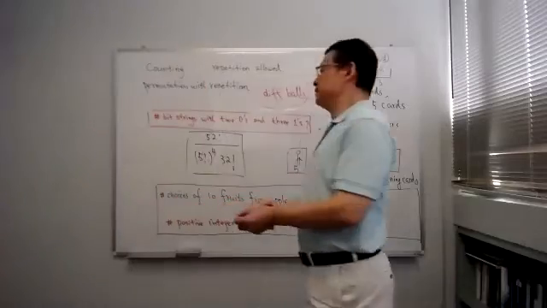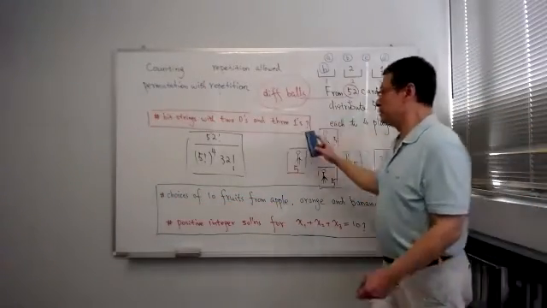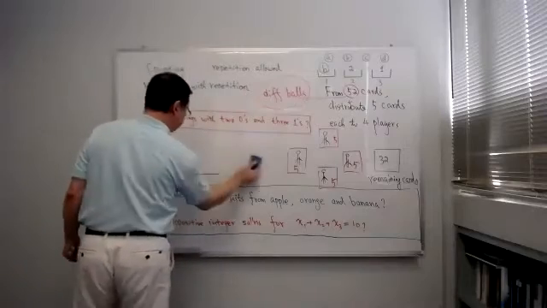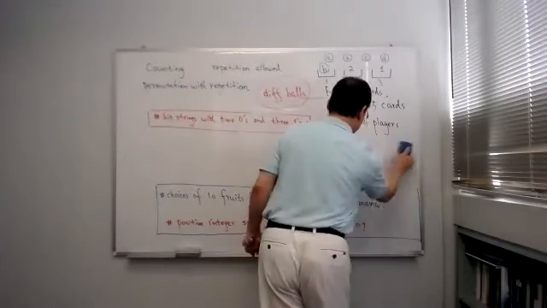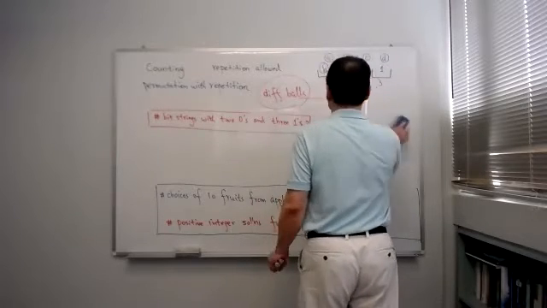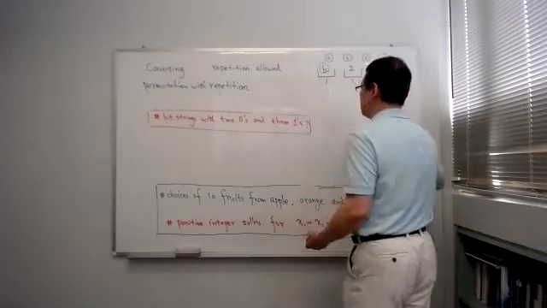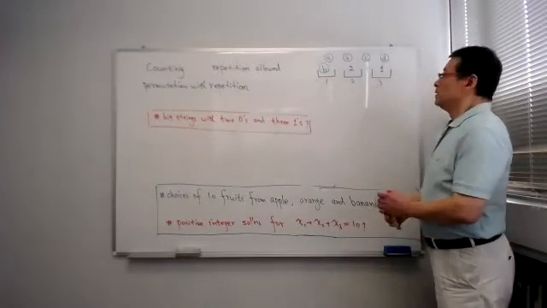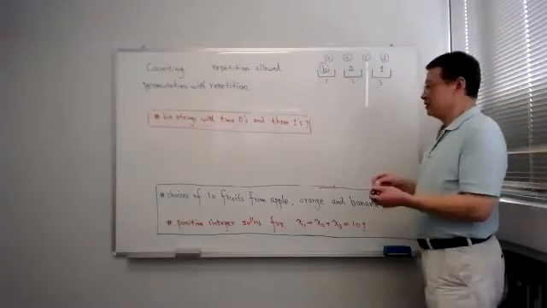All right. Now let's consider this problem. I give you 2 zeros and 3 ones.